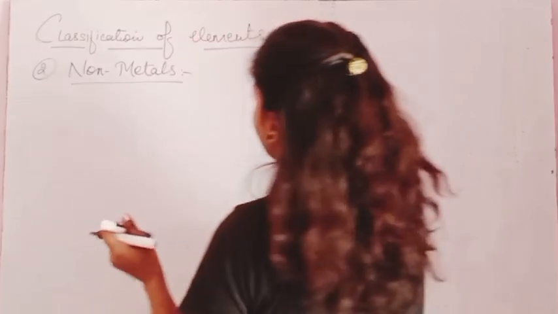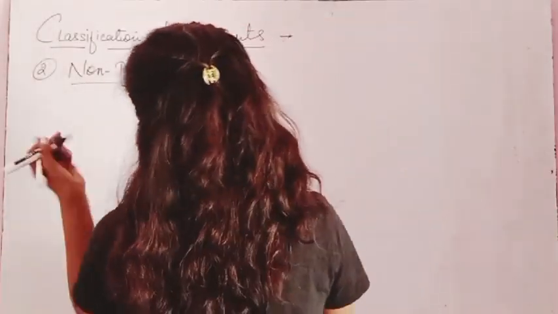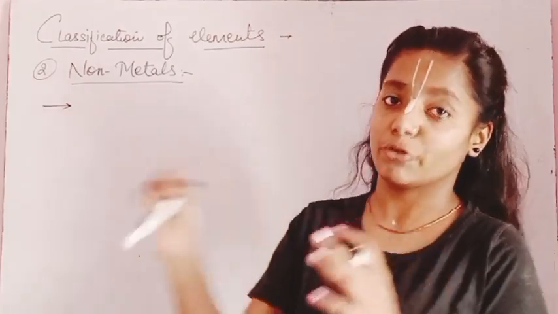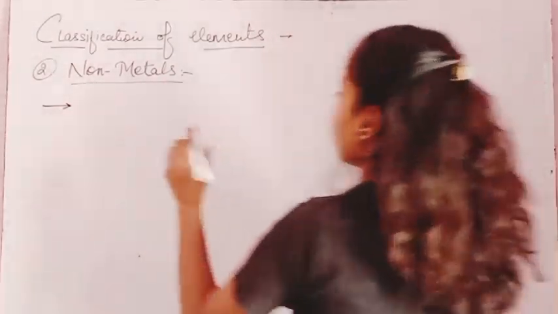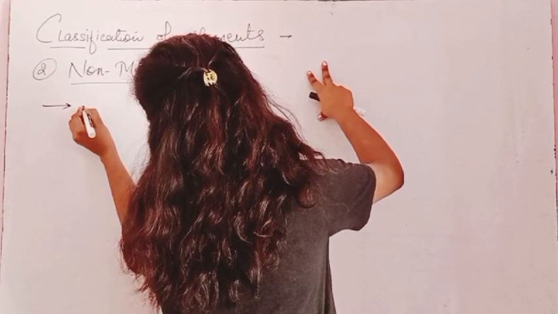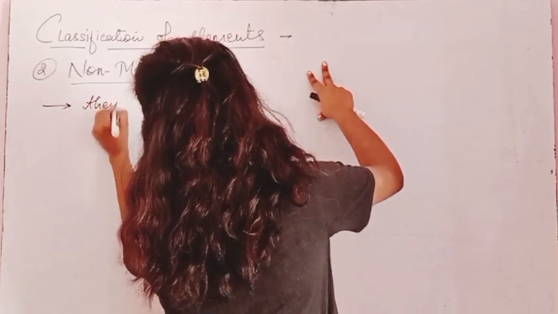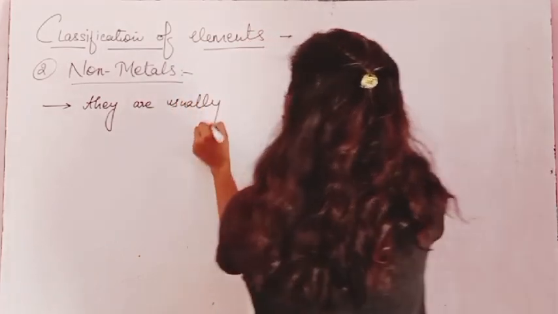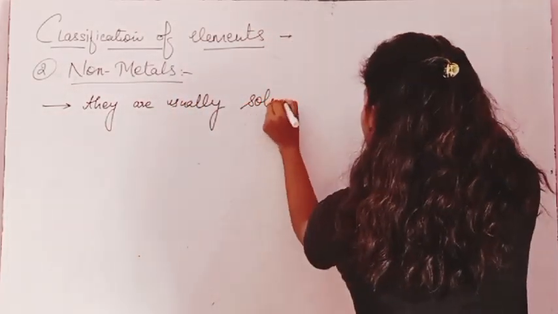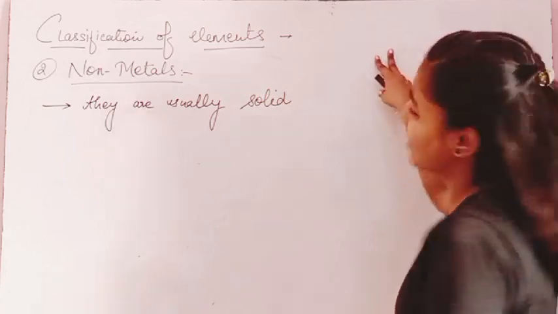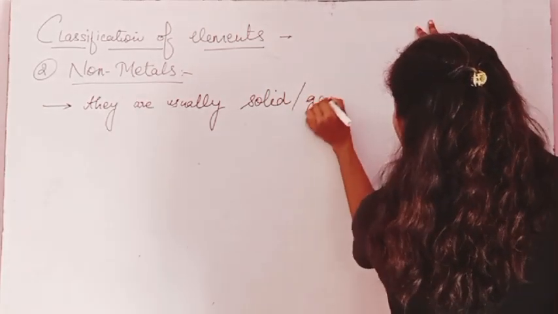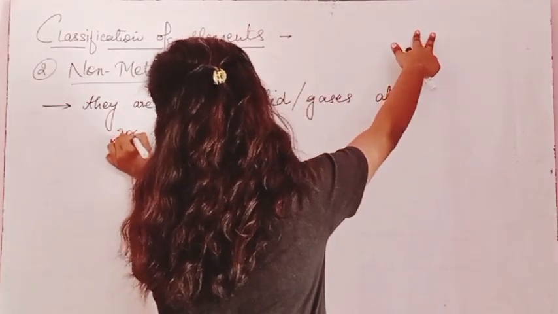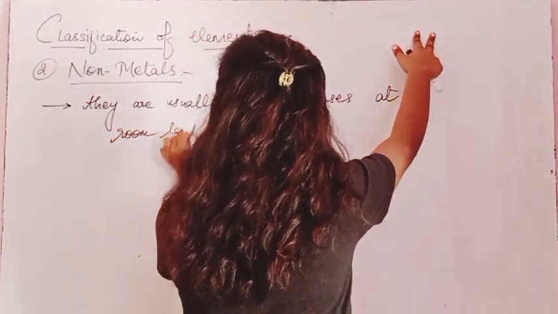Right, non-metals. Now let's talk about the classification for your non-metals. The first point which is required from all of us to remember about the non-metals is, the elements are usually solid, only solid, not at all gaseous at room temperature.